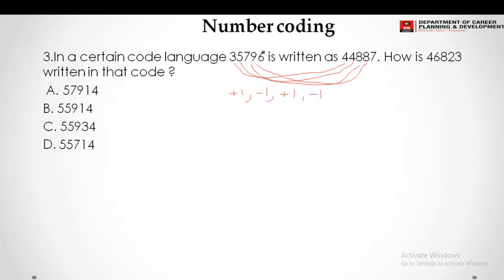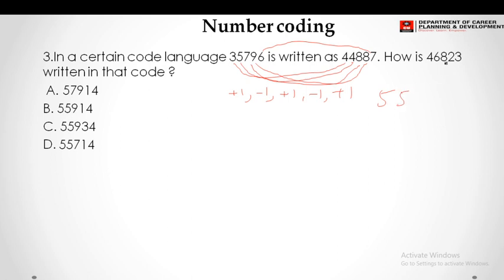Then how does 6 become 7? 6 becomes 7 by plus 1. So this sequence is written in the form of plus 1, minus 1, plus 1, minus 1, plus 1, and so on. So in the first, the first will be plus 1, so 4 will be written as 5. 6 is minus 1, so 6 will be 5.